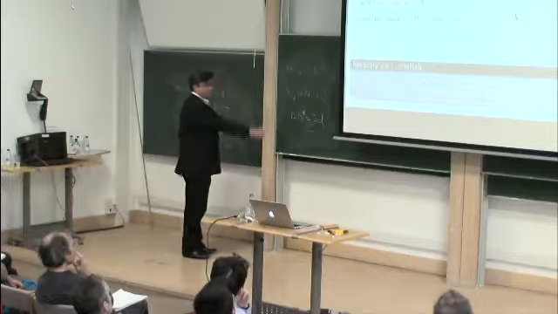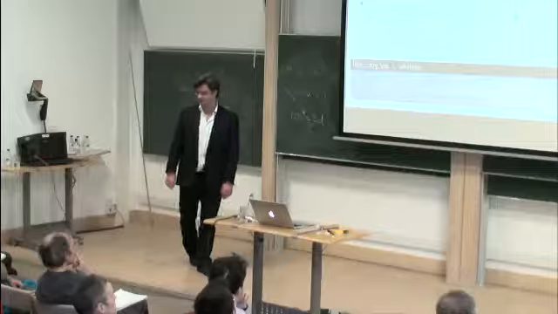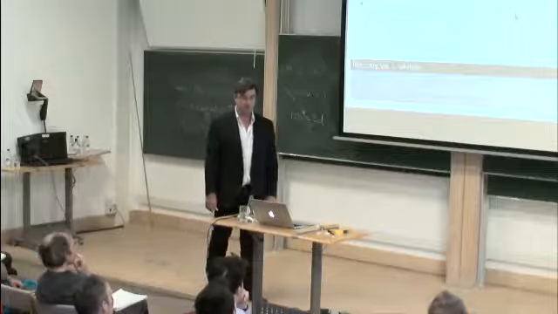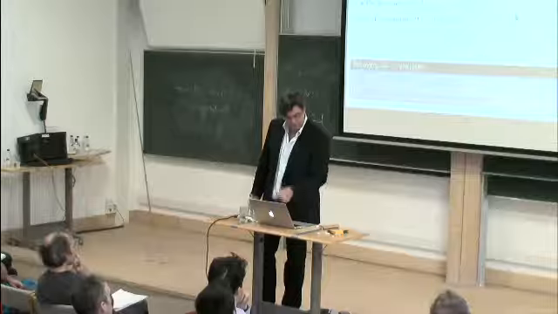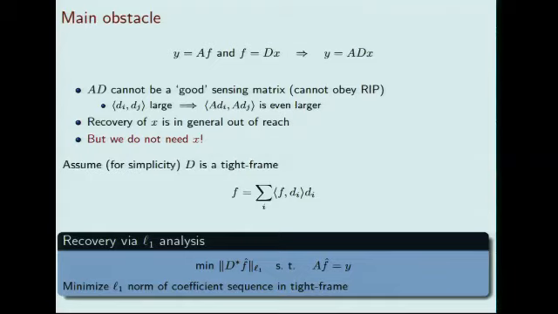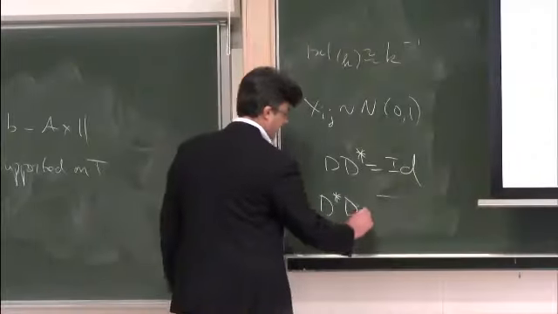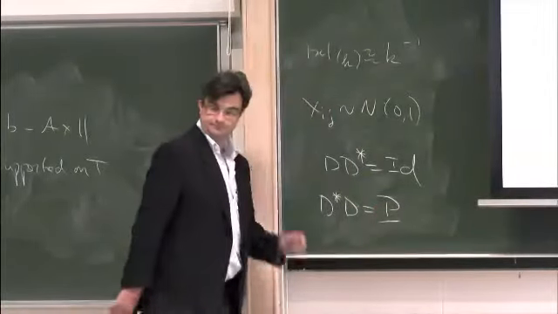But of course, D can be like this and still have D D star identity. It means the singular values of D are either 1 or 0. On the other hand, D star D is a projector.